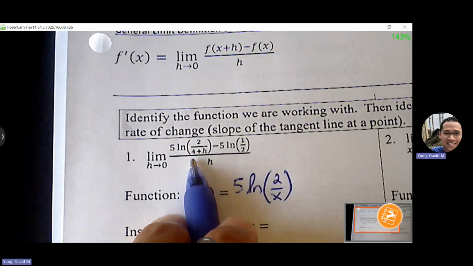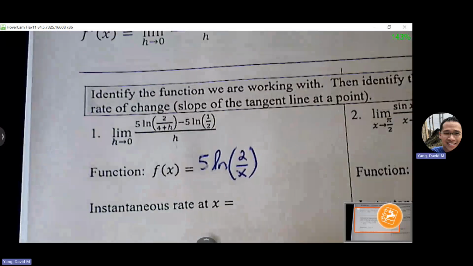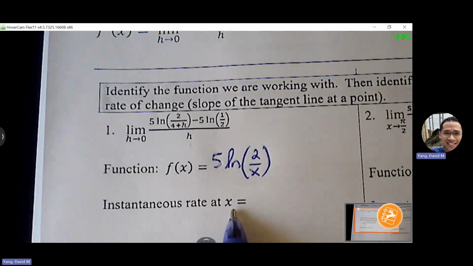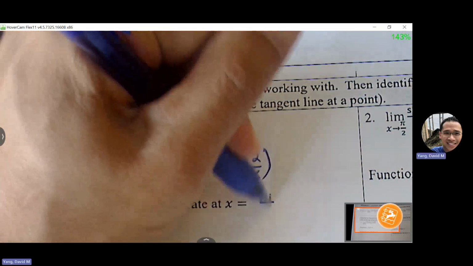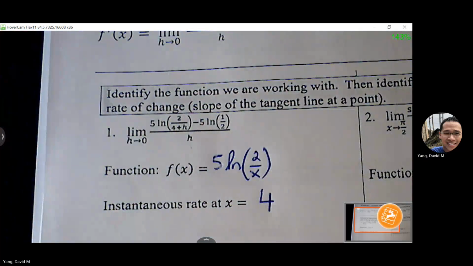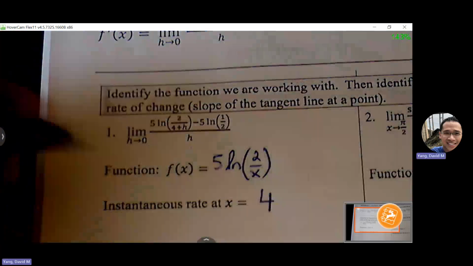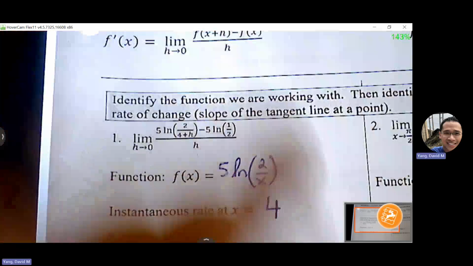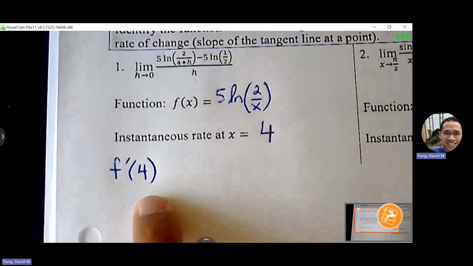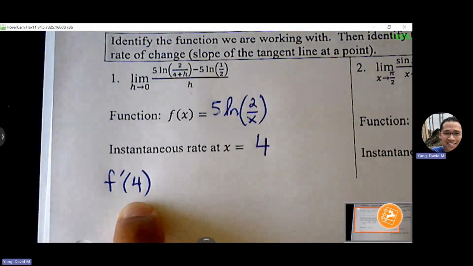But you see the x gets replaced with 4. So therefore, this is asking for the slope of the graph at what point? At x equals 4. So this is the notation for f prime of 4. This is saying, given this function, what is the slope of the graph at 4?